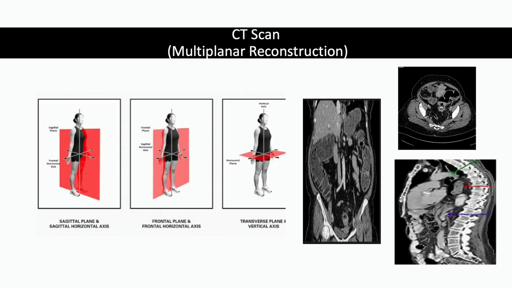CT scan of the abdomen is the gold standard for detecting intestinal obstruction. It is highly accurate in diagnosing this condition. With this, it can give us the information we would like to know, such as: number 1, the level, site, and cause of the obstruction; number 2, it can identify complications such as strangulation, ischemia, or perforation; and it can differentiate a small bowel obstruction from a large bowel obstruction.